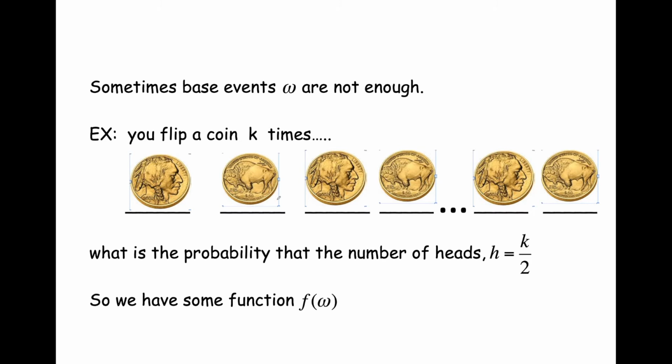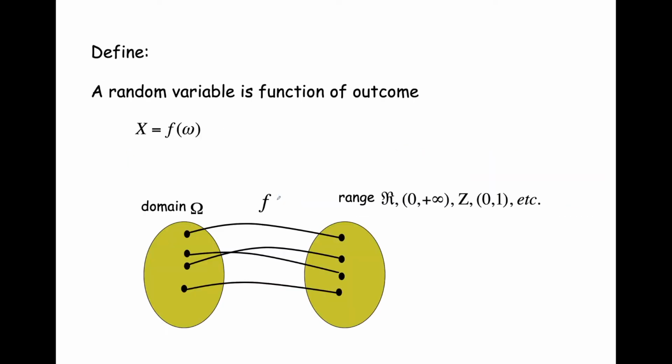So f is going to take as its parameter this event, and there are many functions over a complex event that you can imagine. It doesn't matter what that function is. You have to specify it, certainly, but it can be very many functions, anything that you could imagine.